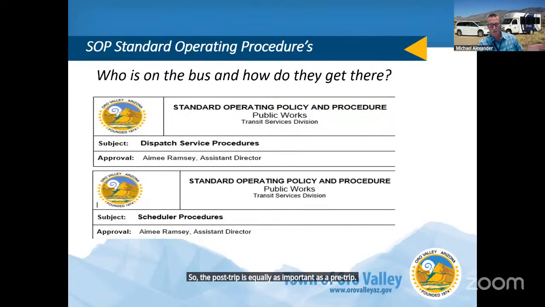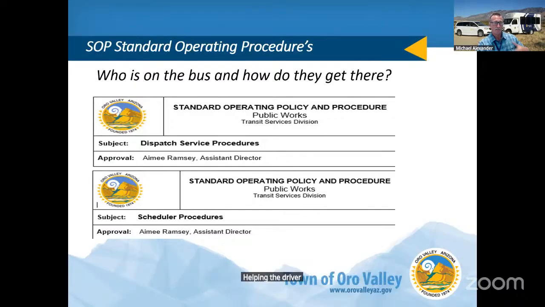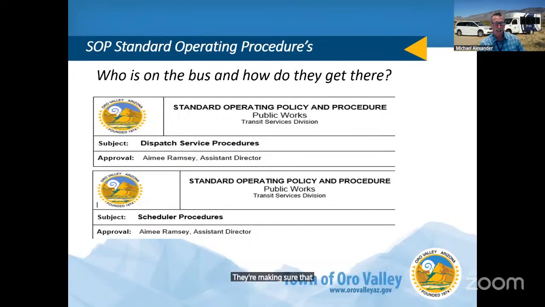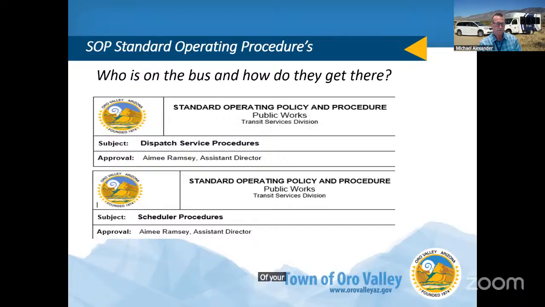Dispatch, what are they doing to make sure that they're helping the driver stay on time? There are procedures they have to do to make sure that happens. And then obviously the schedule, the person putting this together, they're making sure that they're scheduling stuff that could actually be done. So when you put together your average drive time on all the roads and your average dwell time for each individual person, all that starts driving the timing of your route.